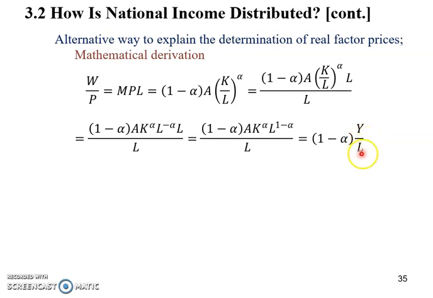Remember we started with the real wage, so we can rewrite this as real wage equals 1 minus alpha times Y over L. On the left-hand side of the equation, it's the real wage.